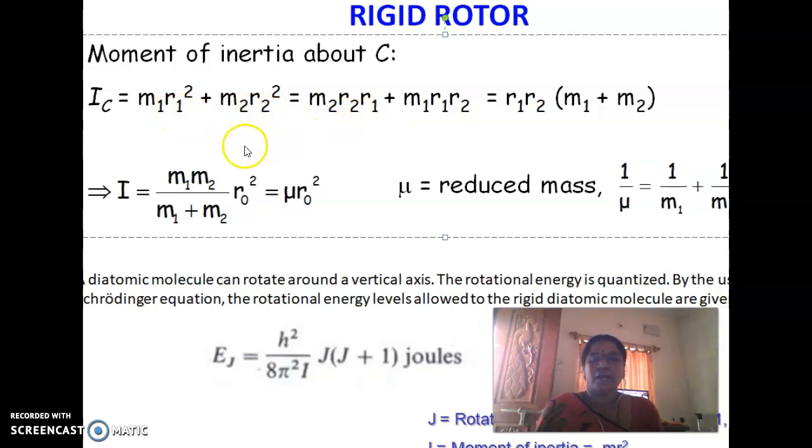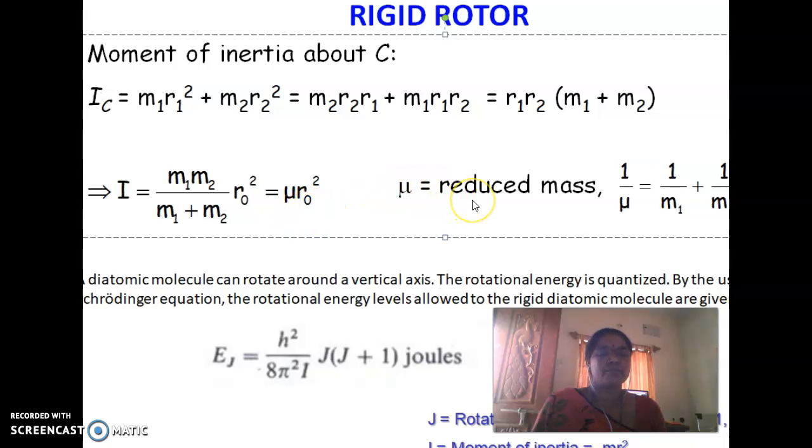So if r1 is equal to r2 or m1 r1 is equal to m2 r2, overall we are getting m1 plus m2 into r1 r2, where I is moment of inertia. After simplification, overall we are going to get m1 m2 by m1 plus m2 into r0 square. This m1 m2 by m1 plus m2 can be rewritten in the form of mu r0 square.